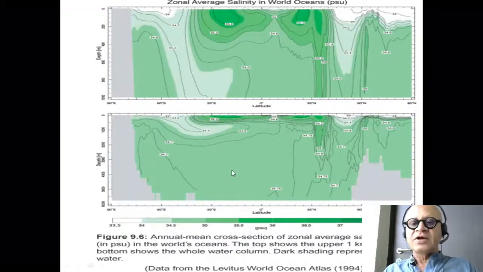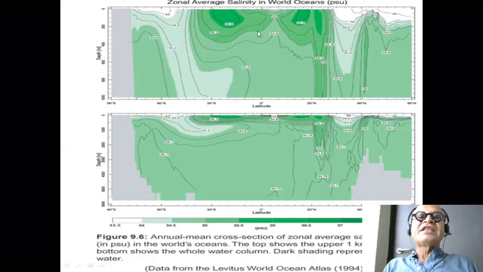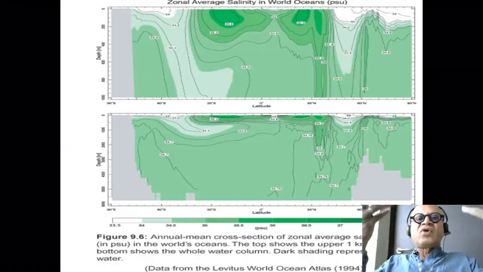To look at salinity as well, you see high salinity regions that we saw in the map being brought down with the circulation. So you can think of this as the oceanic Hadley circulation. In the atmosphere we had convection and rising motion. In the ocean you have upwelling and rising motion.